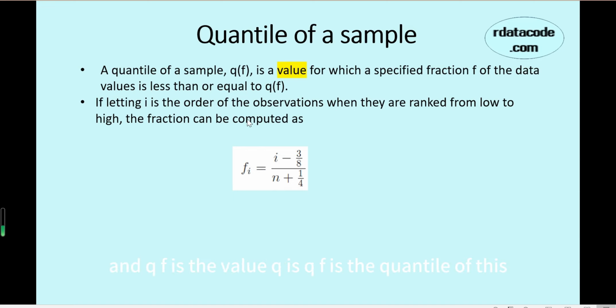And Qf is the quantile of this fraction. For the second number of 10, Qf is 2, the value. If you understand these elements of the sample, then you can know what the quantile of a sample is and what a quantile plot is.